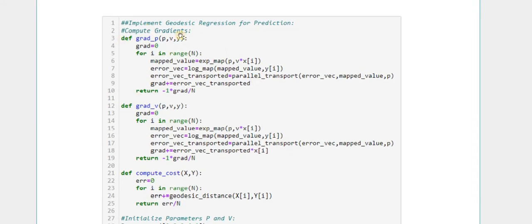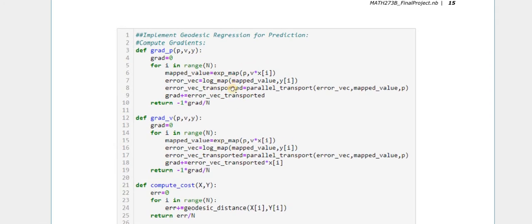So just to show you what that is, these are the gradients that we use in the log maps that will map the points from the manifold to the tangent space, where we perform differential calculus, and we find the gradients at each of these parameters.